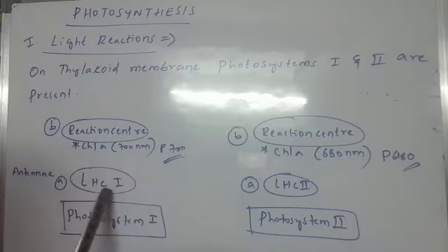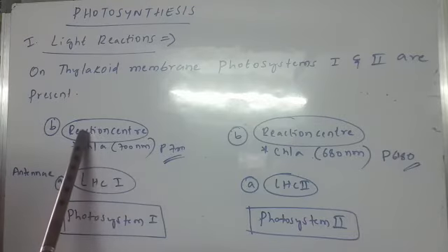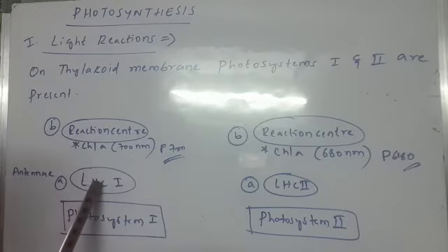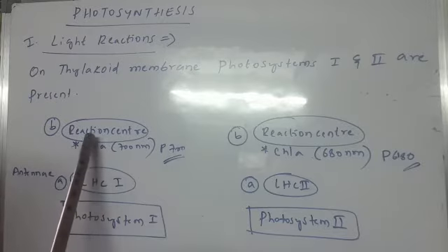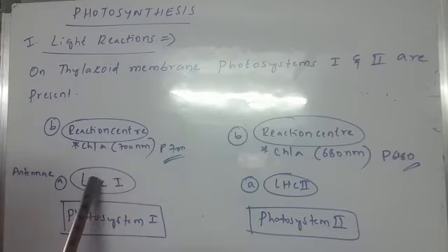These pigments absorb different wavelengths of light, and this energy is sent to the reaction center. So the function of the light harvesting complex is to absorb light of different wavelengths and send this energy to the reaction center. That is why LHC is known as the antenna.